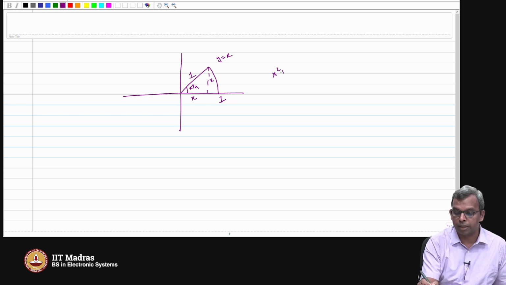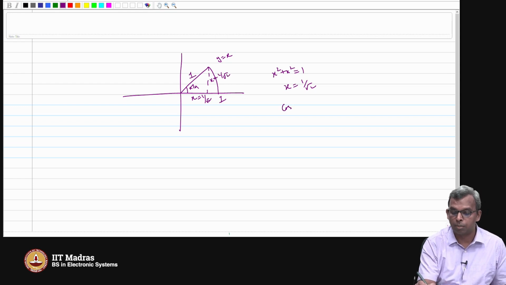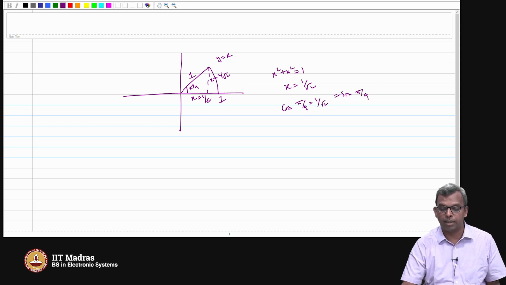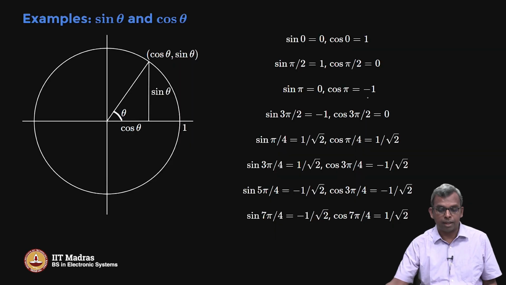So x squared plus x squared equals 1, which means x equals 1 by root 2. So this is 1 by root 2, 1 by root 2. So cos pi by 4 is 1 by root 2, and that's the same as sin pi by 4. Okay. So you can quickly see that this is true, and that's the result that we have here.